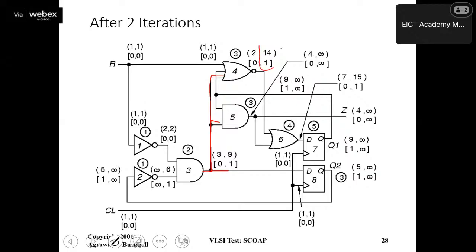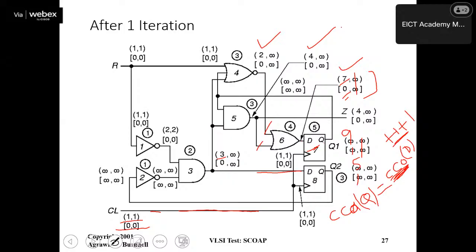These values were infinity, if you remember. So these are the CC1s of the NOR gate. CC1 we can have only if I have the CC0s of all the inputs, right? CC0 was already calculated, I believe. Yes, it was calculated.